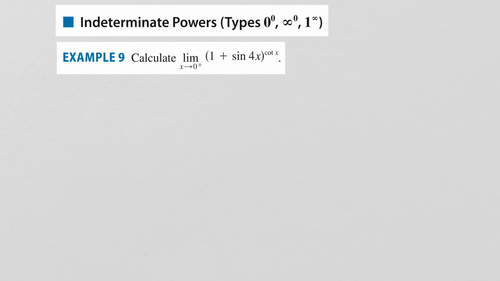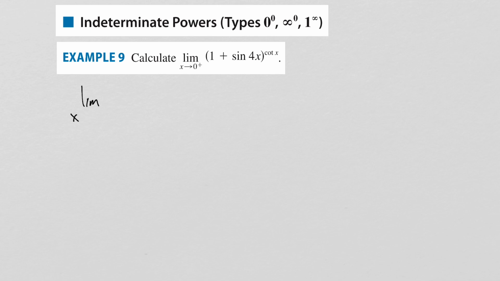The final type of indeterminate form is what we call indeterminate powers. So this is when you get a limit that is equal to 0 to the 0, infinity to the 0, or 1 to the infinity. So as an example, let's consider the following limit here.